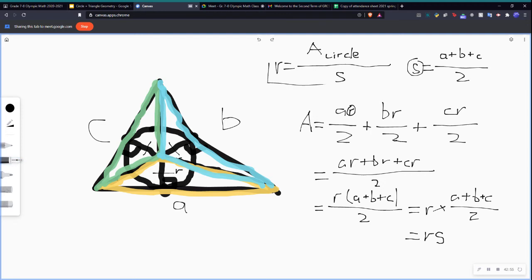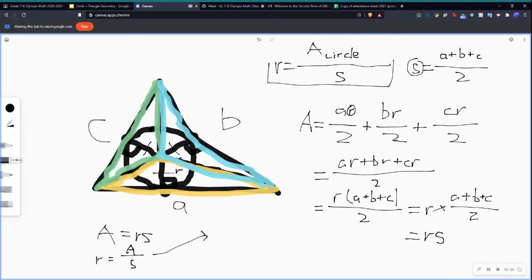Now we can prove this formula right here. And it's fairly straightforward. Let's write right here. We'll rearrange it. Okay, so we have area is equal to R times S. This would mean that if you divide both sides by S, you would get R is equal to A divided by S, so the area of the triangle divided by half the perimeter.